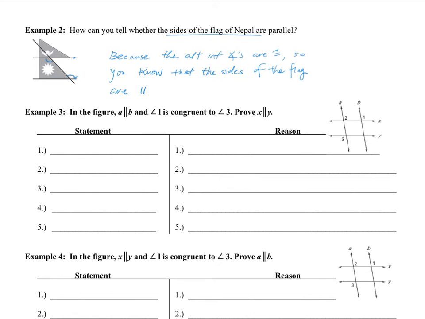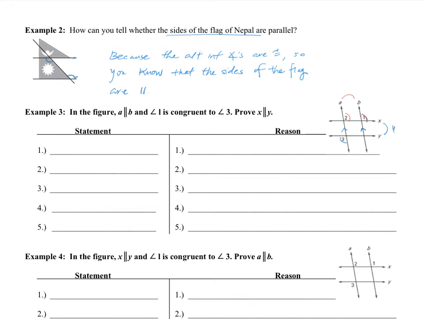Example 3. In the figure to the right here, A is parallel to B. So a tip would be to mark it in your picture. And angle 1 is congruent to angle 3. And I want to prove that X and Y are parallel. So if A is parallel to B, then I know that angle 1 and angle 2 will be congruent by the corresponding angles postulate.